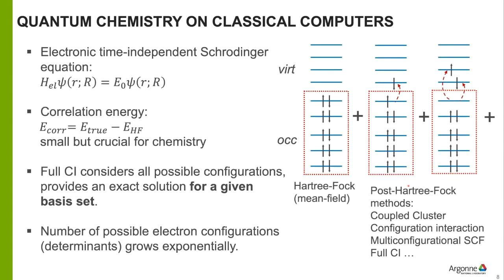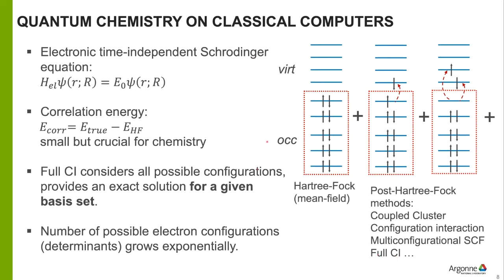account other possible configurations. So here you have the singly excited electron configuration, where you excite one electron from this Hartree-Fock mean field approximation. This one takes into account double excitations, and you can go further and further. Some of the methods, which are called post-Hartree-Fock methods, include coupled cluster, configuration interaction, multi-configurational self-consistent field, and full configuration interaction.